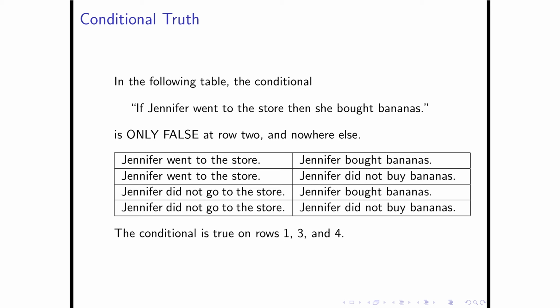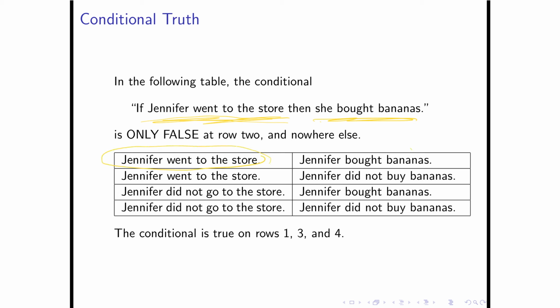Let's consider another example. So if Jennifer went to the store, then she bought bananas. Here are our two constituent sentences, the antecedent and the consequent. Let's again look at a table where we run through all of the possibilities for the truth of the two constituent propositions.